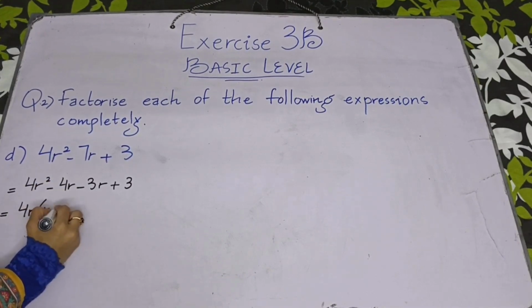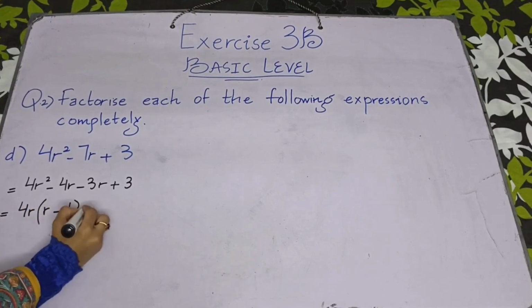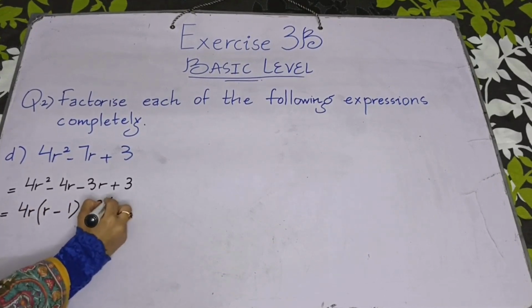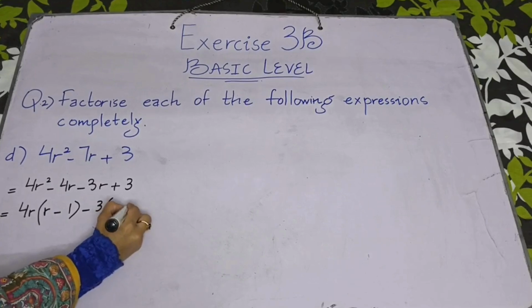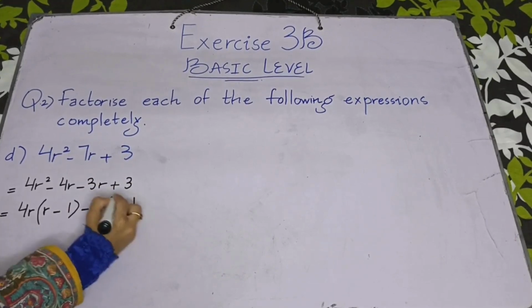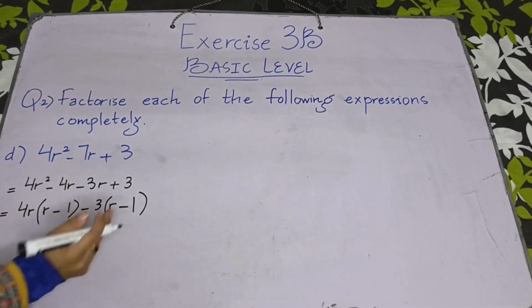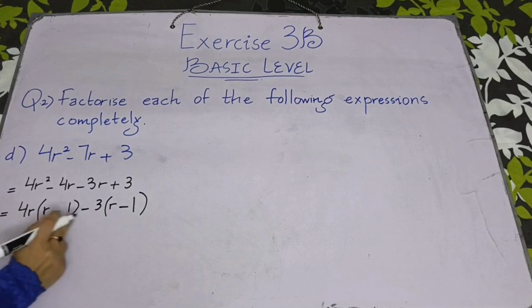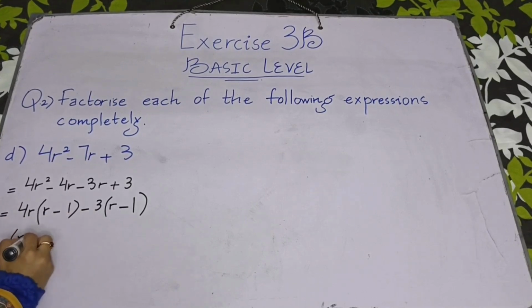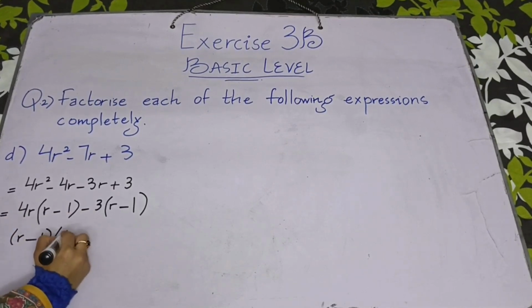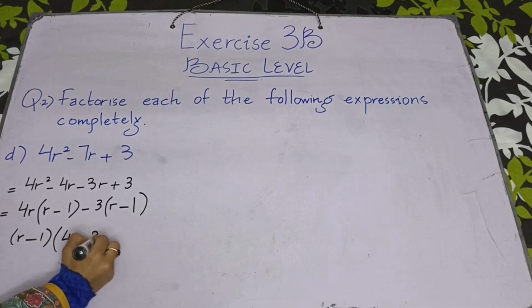Here r is left, minus 1. Minus 3 will be common, r is here, again minus, because minus minus plus. In 3 times table 3 comes one time. Brackets are same, it means answer is correct. r minus 1 one time, 4r minus 3.